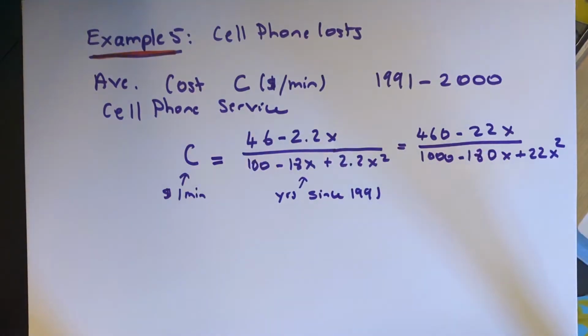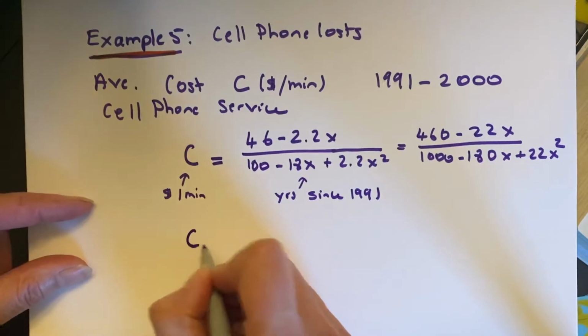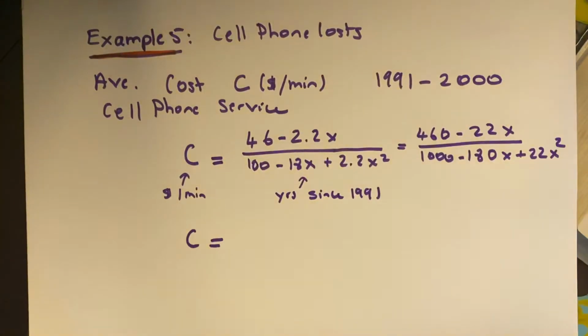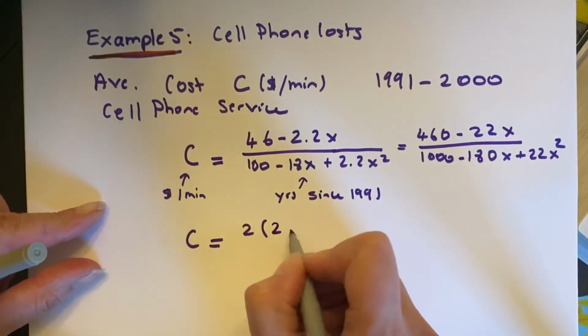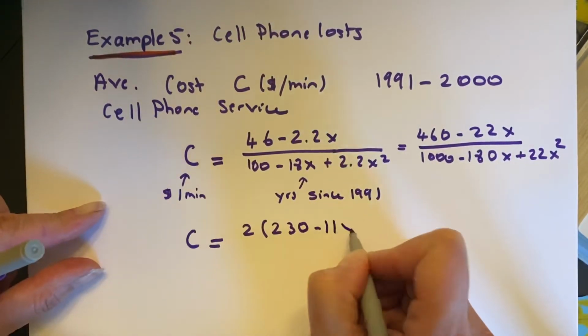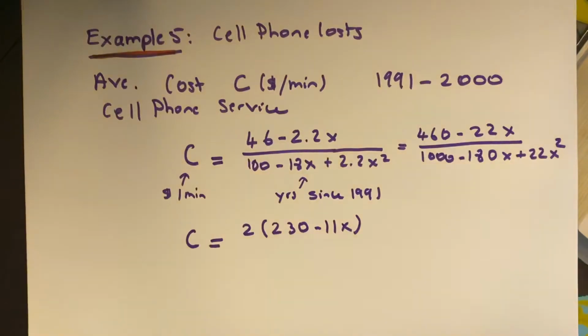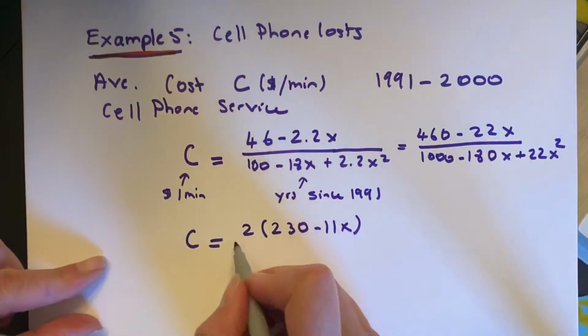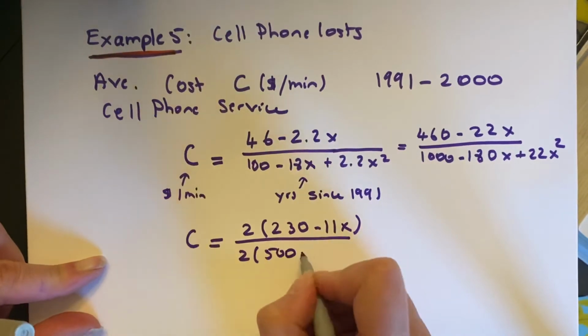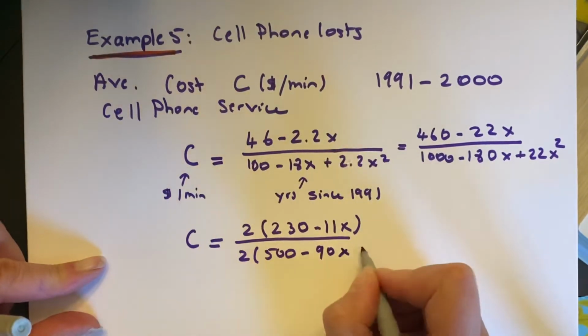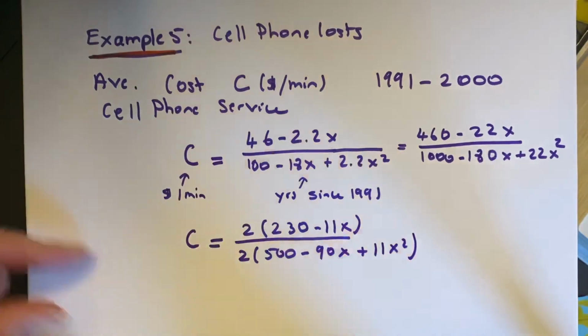So to simplify, you can see probably the 2 goes into everything. So let's see what happens. If I factor out a 2, I'm going to end up with 230 minus 11x on the numerator. And in the denominator, I get 2 times (500 minus 90x plus 11x squared).